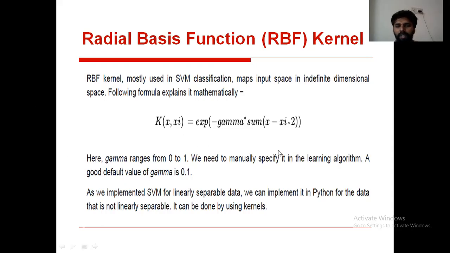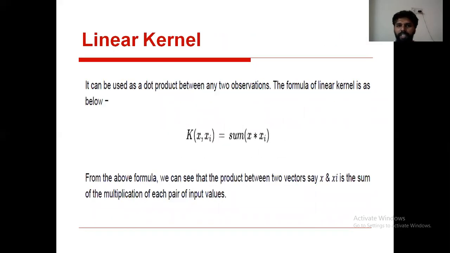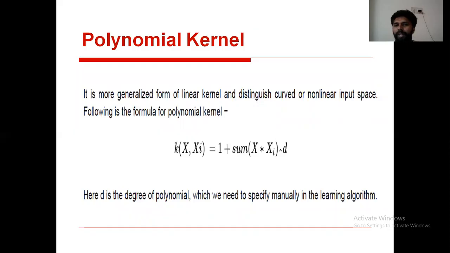Right? See, till now we have discussed three types of kernels. First one is the linear kernel. In the linear kernel, we are applying the dot product between two observations or two vectors. Here the formula is linear kernel of x comma xi is equal to sum of x into xi. In the polynomial kernel, k of x comma xi is equal to 1 plus sum of products of the vectors with degree of polynomial d.